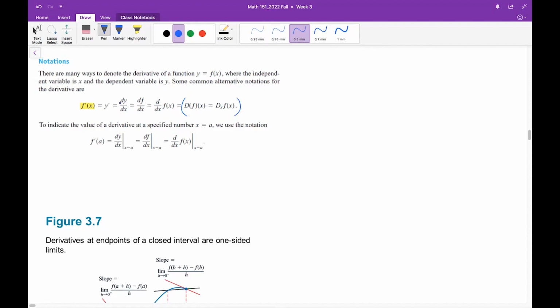And you can also denote the first derivative function at the particular point x equals a like this by just inserting x equals a to your notation in the first case. If you want to use this notation, you will draw this vertical line, and say x equals a at the bottom, and so on. Okay, these are the different notations that we will be using for the first derivative function.